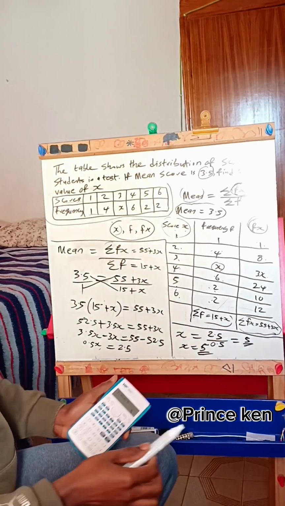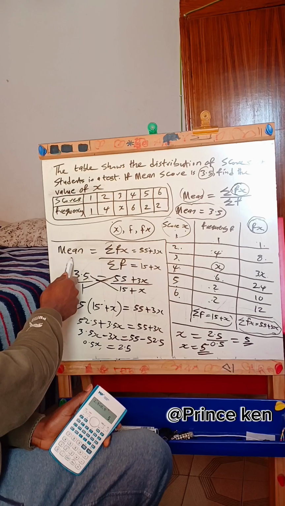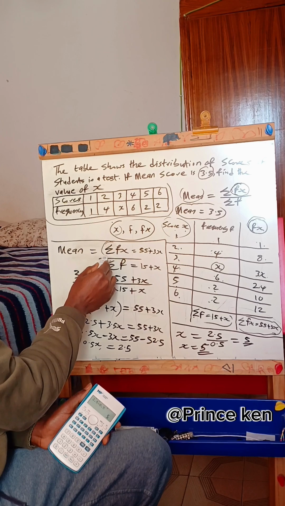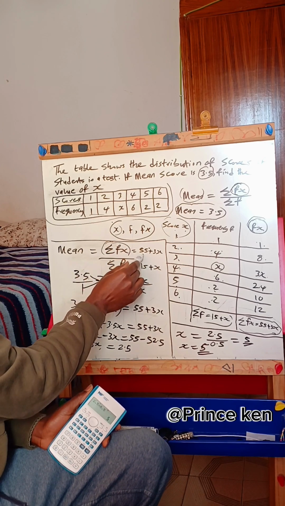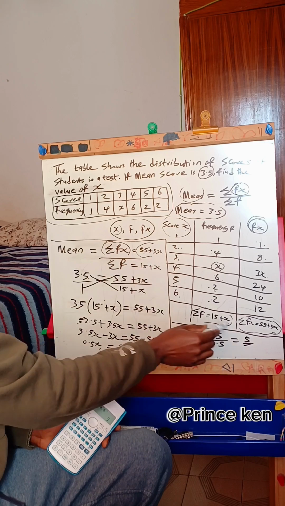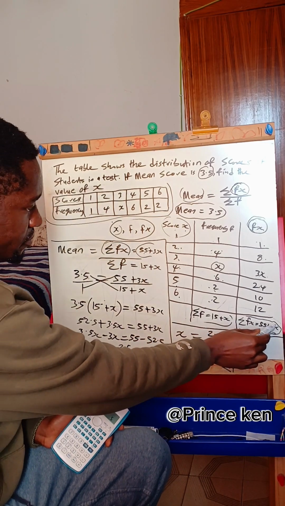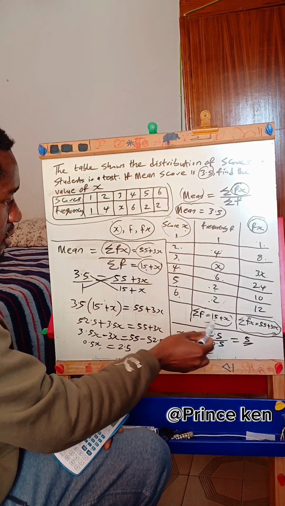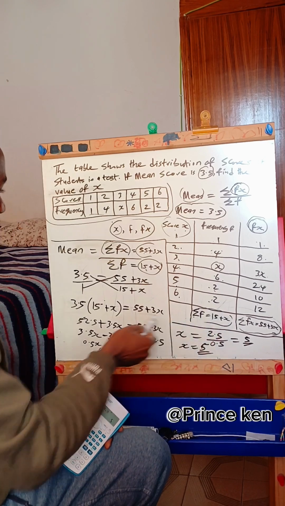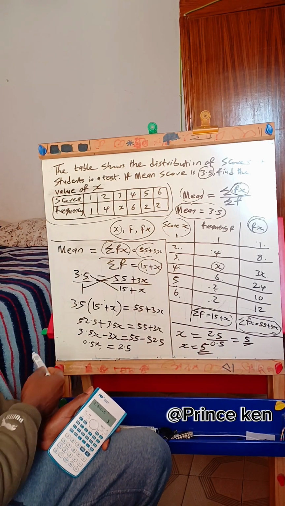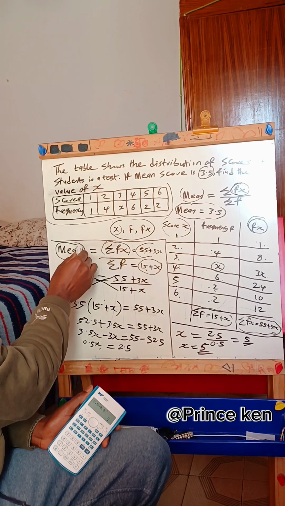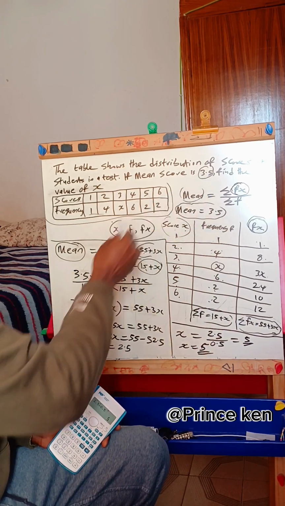After that, you will come back to your mean formula. Note that summation of fs here gives us this, which is here. Summation of f gives us this, which is here. Okay. Now, our mean is given already as 3.5.